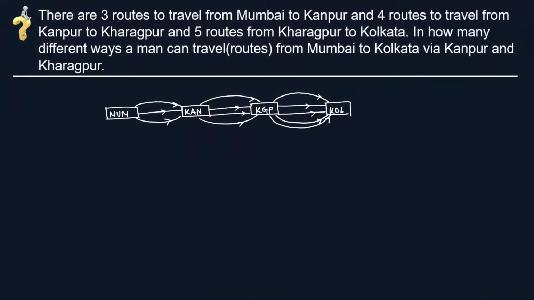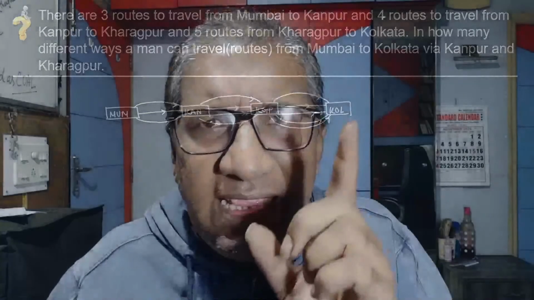You have to understand what they are actually asking for and whether the question involves multiplication or addition. See, the complete work is what? When the person reaches from Mumbai to Kolkata, that is the complete circle, but via Kanpur and Kharagpur.